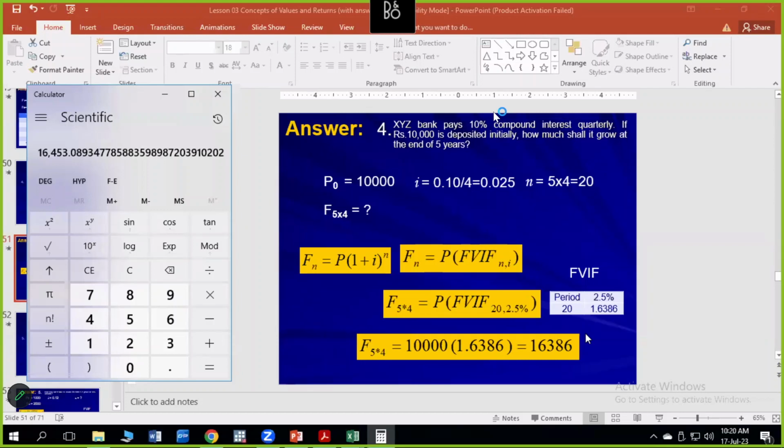Continuous compounding is also there. That will give you the maximum values.